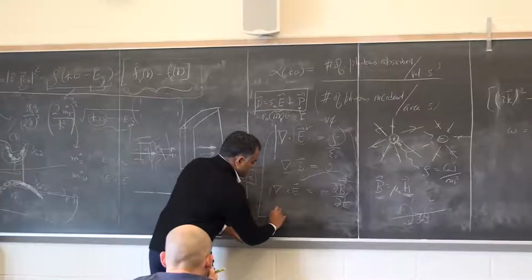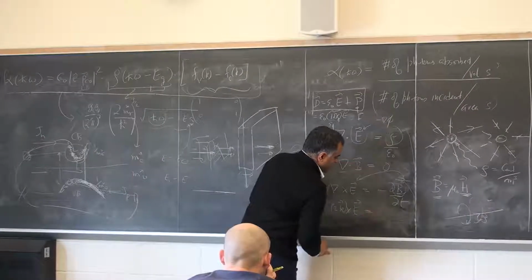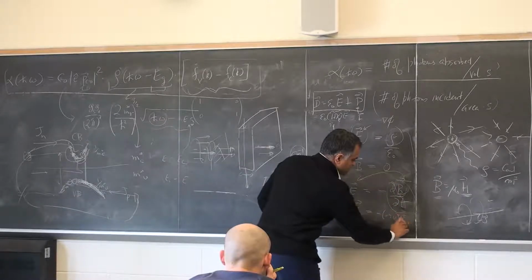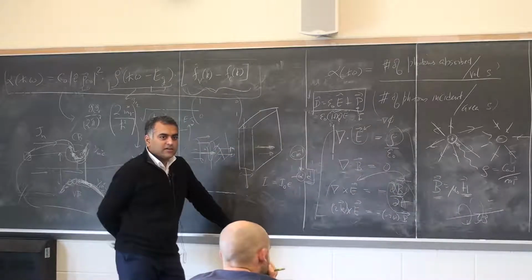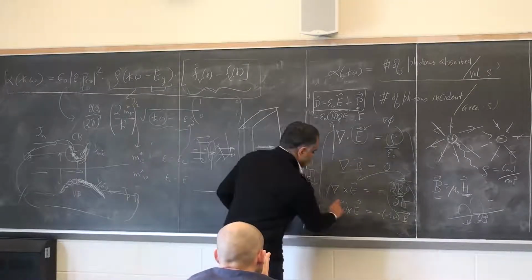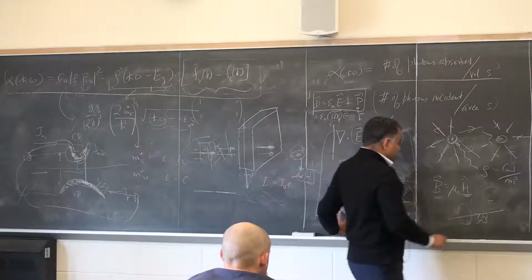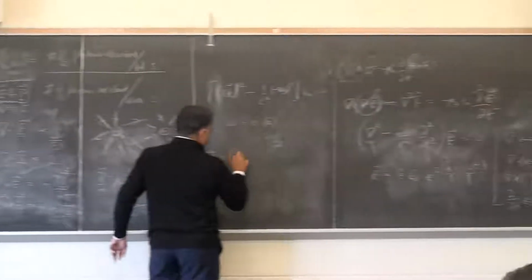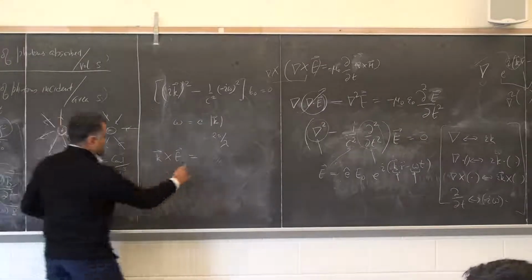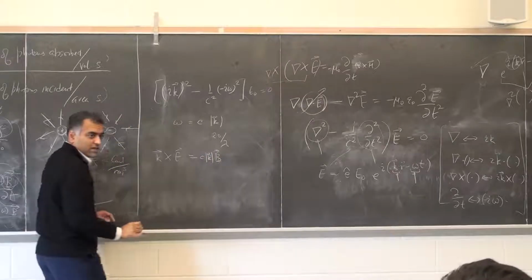From here, del is ik, so ik cross E must be equal to minus of d by dt, which is minus i omega, times B. Cancel your i's from both sides, and what you get is a very interesting result: if I have a monochromatic wave with wave vector k, which defines its direction and its wavelength, k cross E is equal to omega times B, and omega we know is c times k.